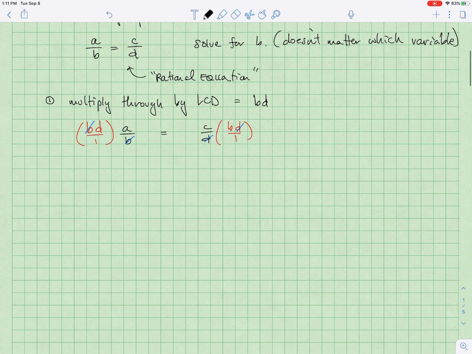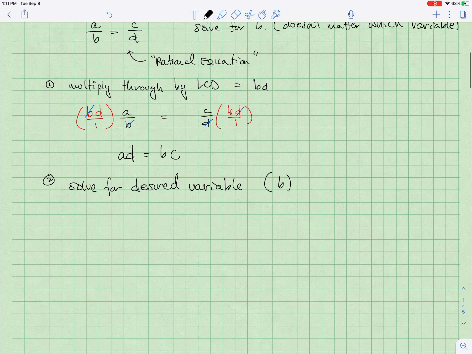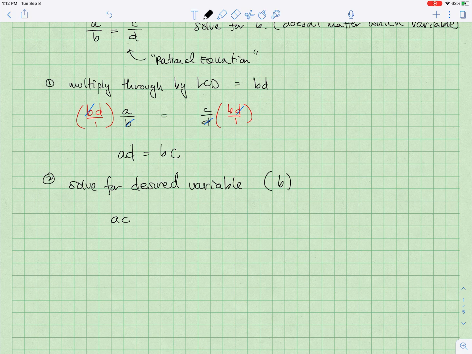And our result will be AD is equal to BC. Then to solve for the desired variable. In this case, I had specified B.